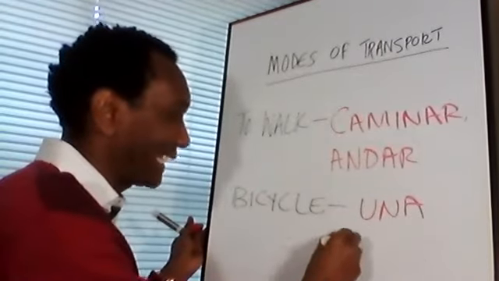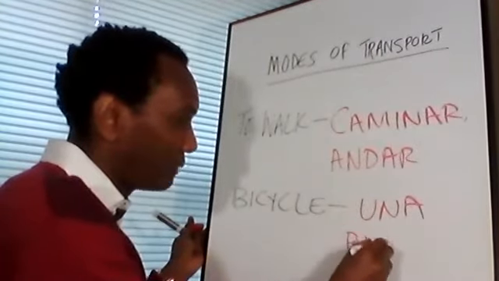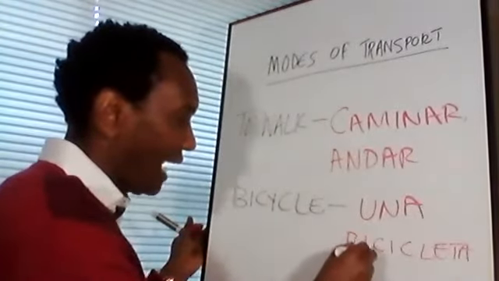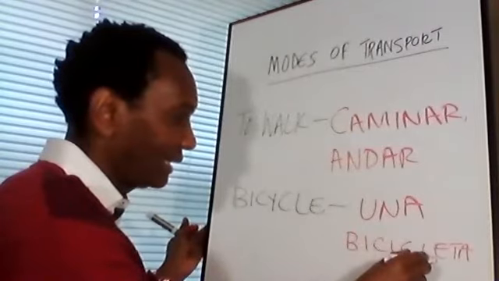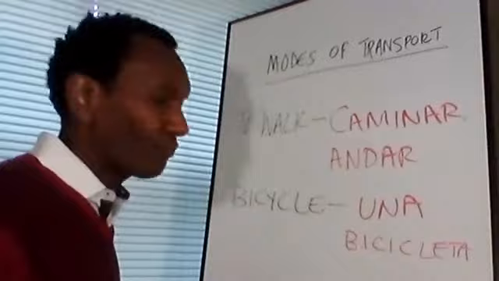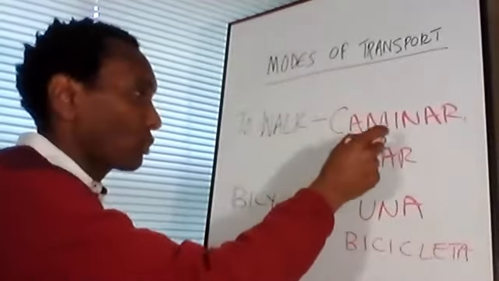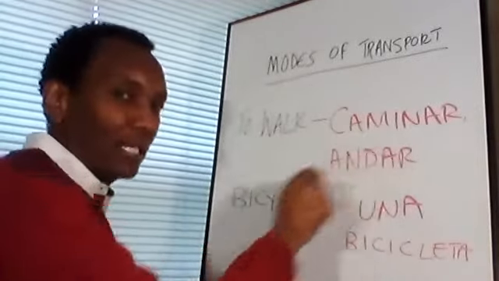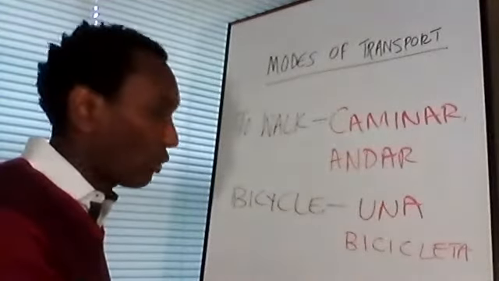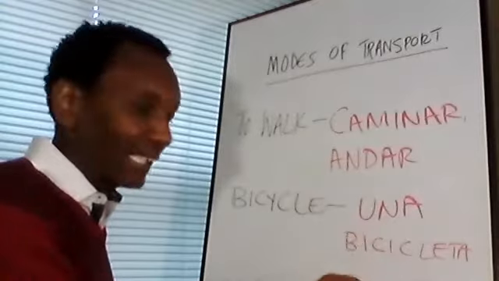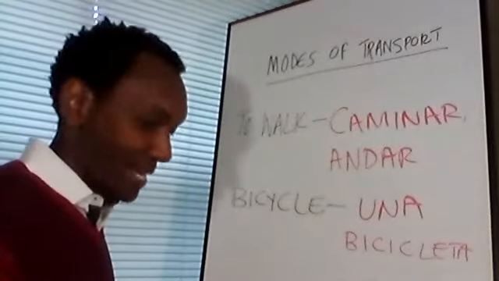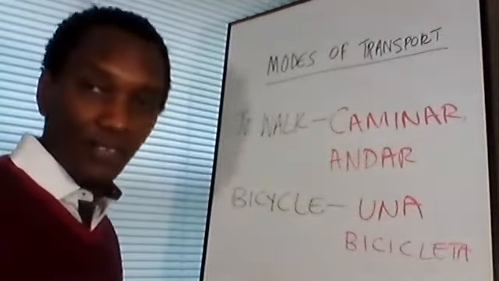Una bicicleta, B-I-C-I-C-L-E-T-A, una bicicleta. So the oldest mode of transport, walking or to walk, is called caminar or andar, and a bicycle is called una bicicleta. And muy bien, there we go.